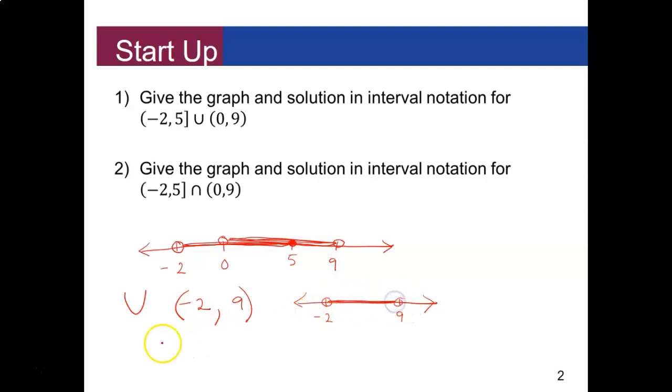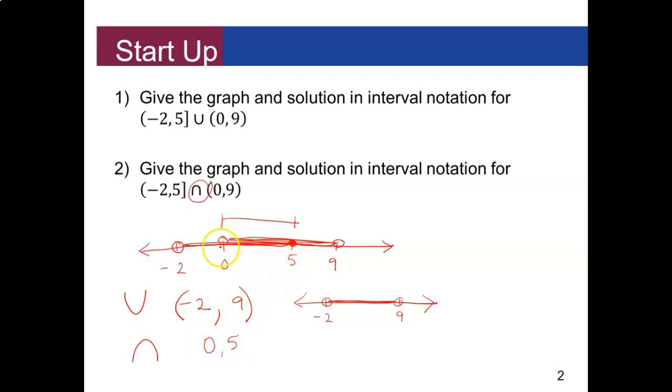Okay. For the intersection, which is number 2 here, we've got the same basic graph, except with the intersection we are looking for the overlapped part, and that's going to be from 0 to 5, where we have an overlap. When I look at 0 to 5, I need to decide whether to put parentheses or brackets.